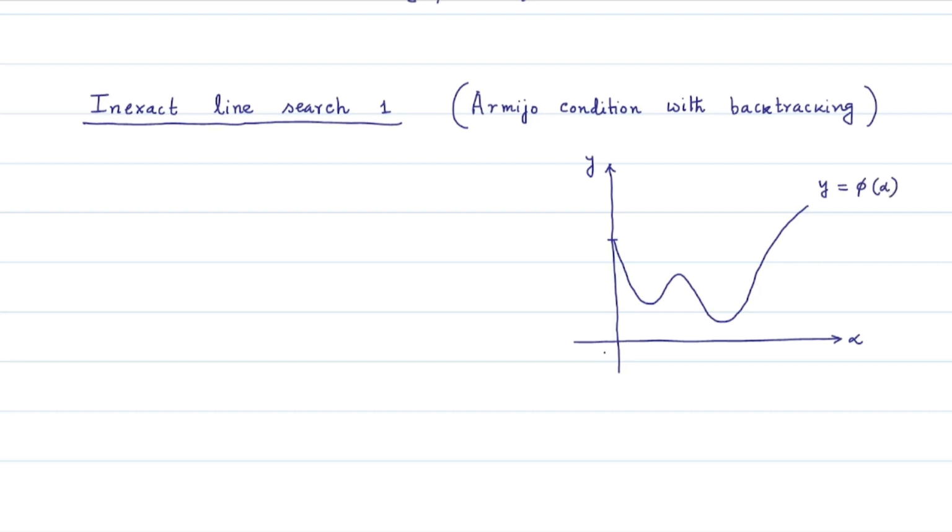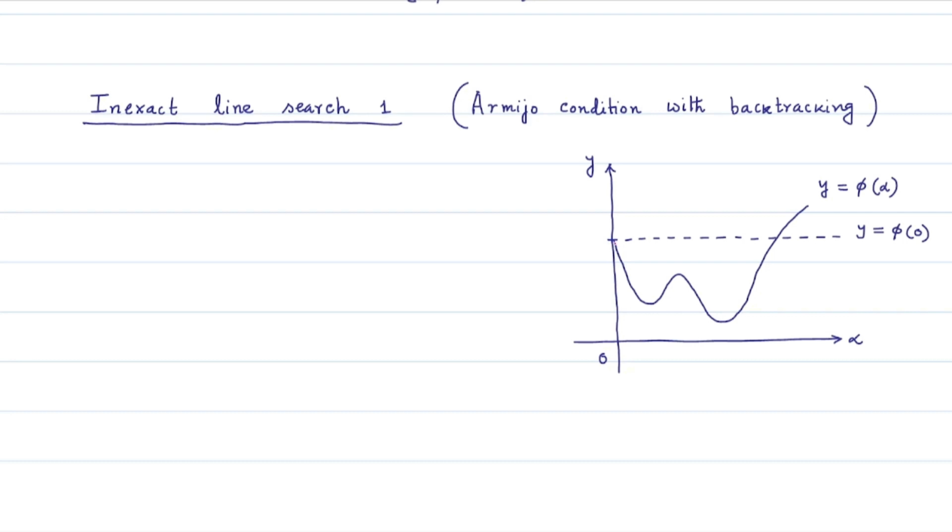Now at the point xk we have alpha value equal to 0, and hence the function value is given by phi 0. By function value we mean the value of the objective function f. This is the line y is equal to phi 0. As the function f is assumed to be continuously differentiable, there is a tangent at each and every point on the graph of y equals phi alpha.